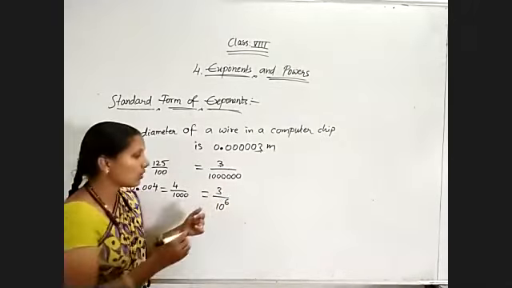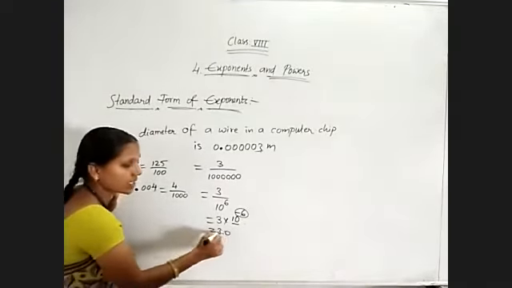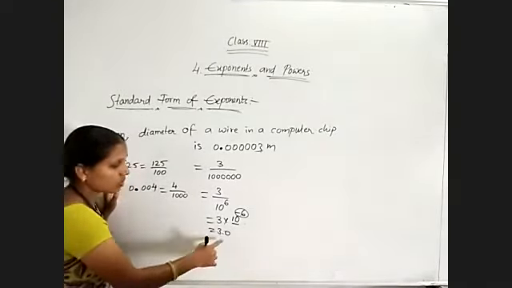So it is a product of a decimal number. 3 is nothing but 3.0 also we can write, yes or no? So 3.0 is a decimal number into 10 power minus 6. Base is 10 and exponent is minus 6. Minus 6 is an integer. The product of a decimal number and integral powers of 10 is known as a standard form.